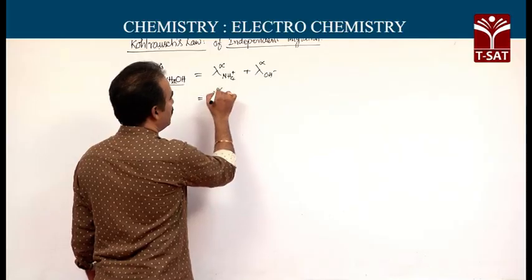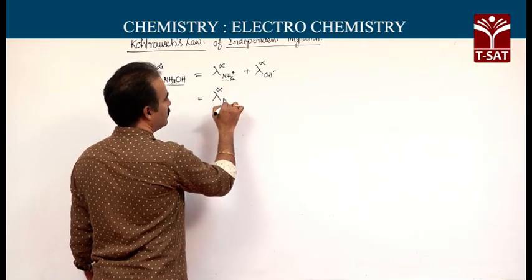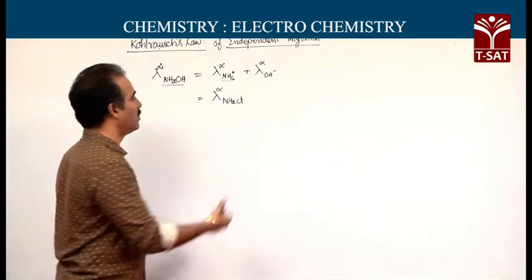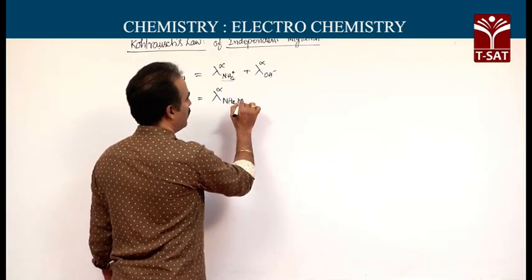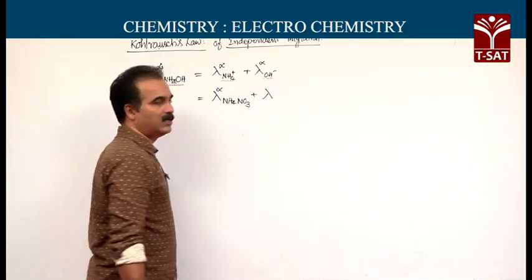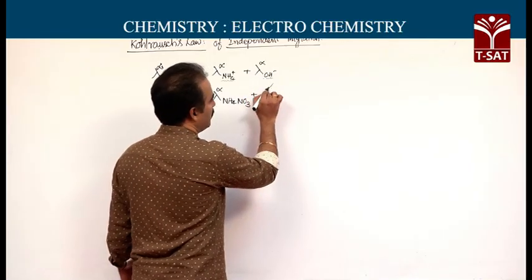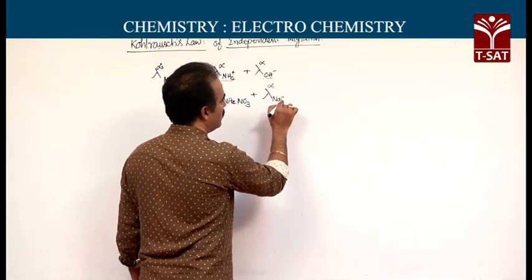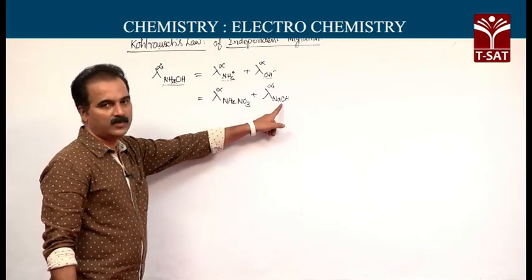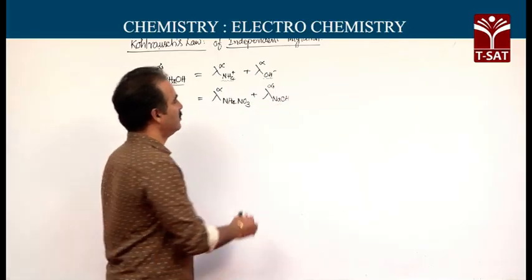Say I want the contribution from ammonium ion, so I will take a strong electrolyte of it, say ammonium chloride or ammonium nitrate, let us say ammonium nitrate. Similarly, I want the OH minus ion's contribution, so I will take a strong electrolyte, say sodium hydroxide. I will calculate the lambda infinity of sodium hydroxide at infinite dilution.